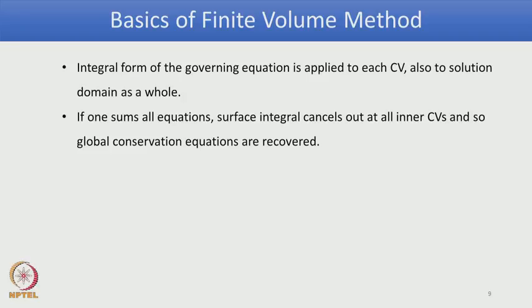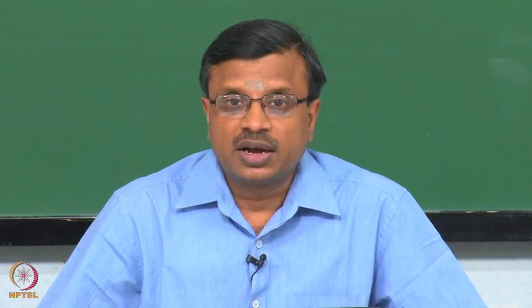If there are two adjacent control volumes, they represent the same quantity: for volume 1 it may be flux going out, and for the immediately adjacent control volume 2 it may be flux going in. If you extend this explanation to all the control volumes in a domain, you can understand that the surface integrals cancel out. Hence, the conservation equation on a global basis is also satisfied.